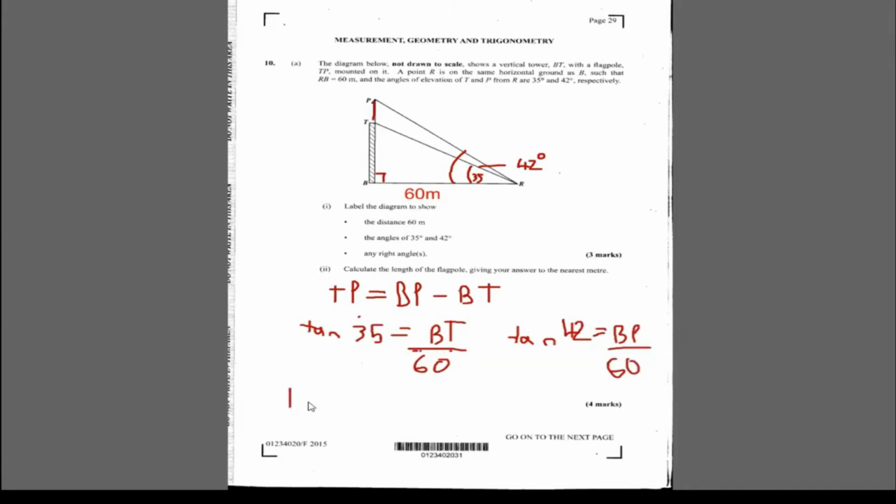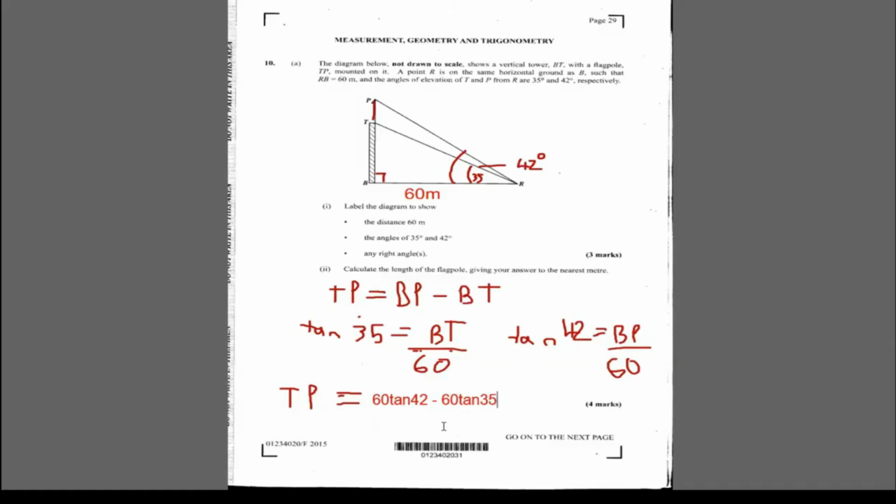So what is TP? TP is equal to 60 in brackets tan 42 minus tan 35. So this is the length of the flagpole: 60 tan 42, that would be BP, minus 60 tan 35.